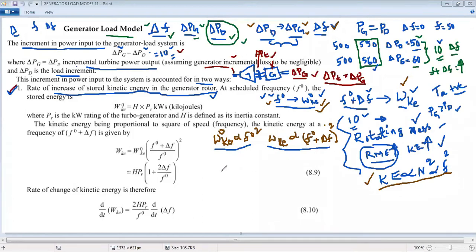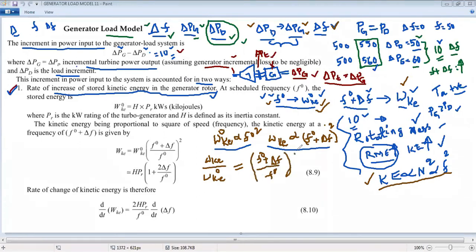Now you divide both: Wke by Wke naught. You can write it as f naught plus delta f divided by f naught, whole square.